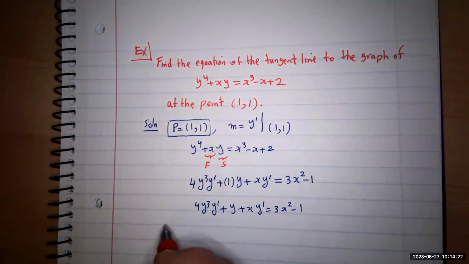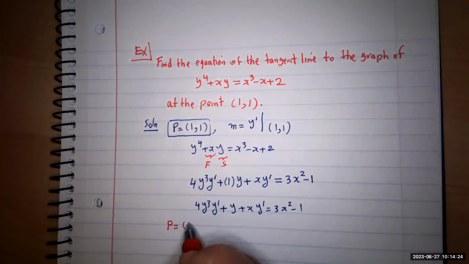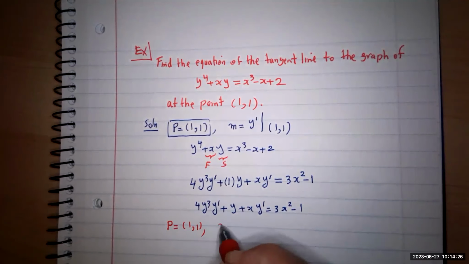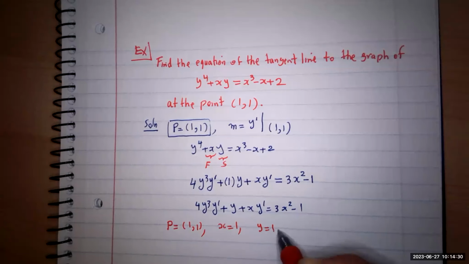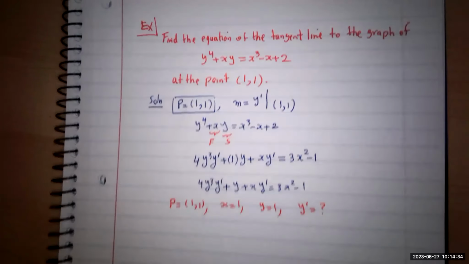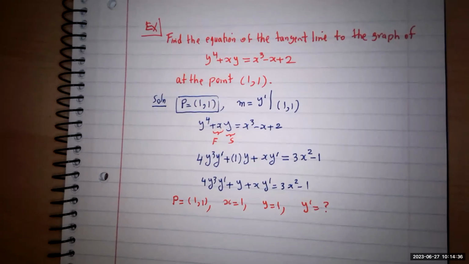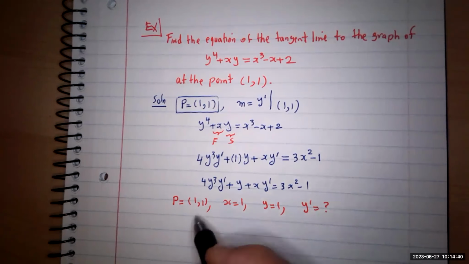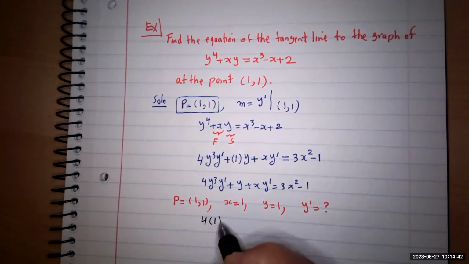So you remind yourself that I have a point: x is equal to 1, y is equal to 1, so I have to find y prime. Substitute these numbers first. 4y cubed, y is 1, so you don't have to write it, but this is what would happen.